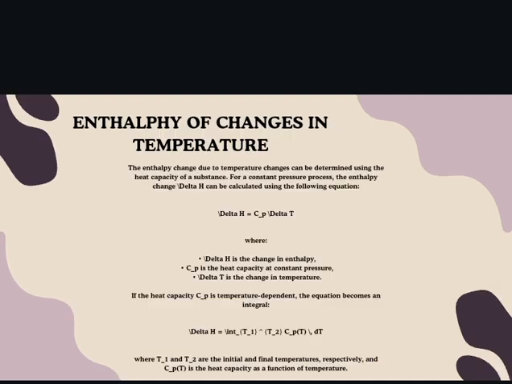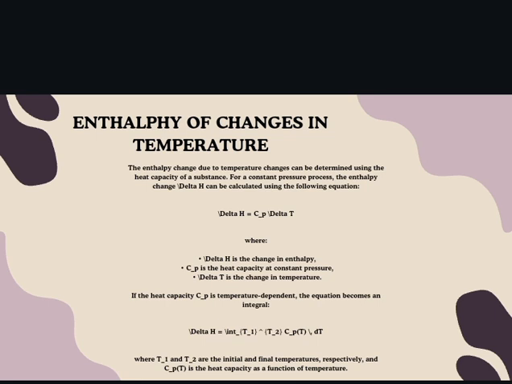Enthalpy of changes in temperature. The enthalpy change due to temperature changes can be determined using the heat capacity of a substance. For a constant pressure process, the enthalpy change delta H can be calculated using the following equation. Delta H is equal to Cp delta T, where delta H is the change in enthalpy, Cp is the heat capacity at constant pressure, and delta T is the change in temperature.